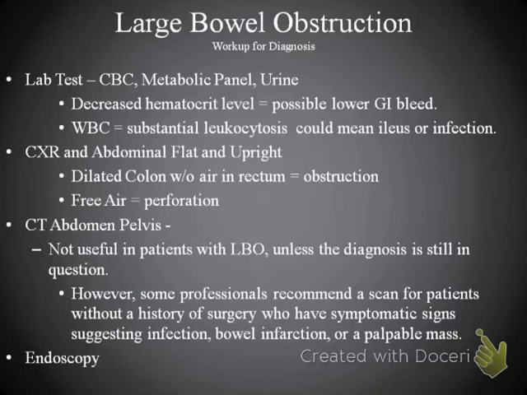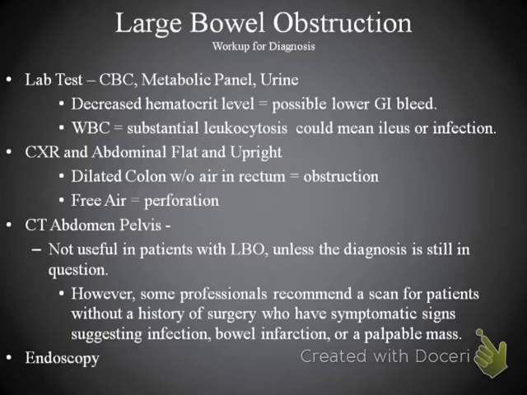But in terms of the CBC, we should see a decreased hematocrit level, which can be indicative of possible lower GI bleed, and a white blood cell count with substantial leukocytosis, which could mean ileus or infection. And so we look for these things to actually demonstrate maybe a large bowel obstruction.